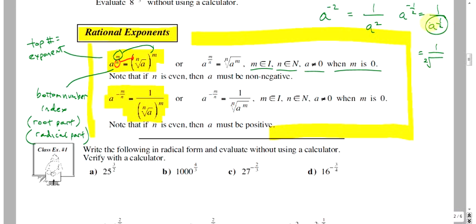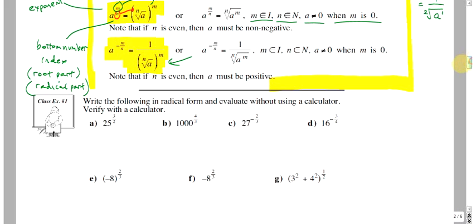I don't have to put a 2 there, but I can. The top part is the exponent part. All they're doing is making it positive first by putting a 1 over it. But it's exactly the same as this guy. Notice n becomes the radical part, the index. The top one becomes the exponent, just like we wrote there.